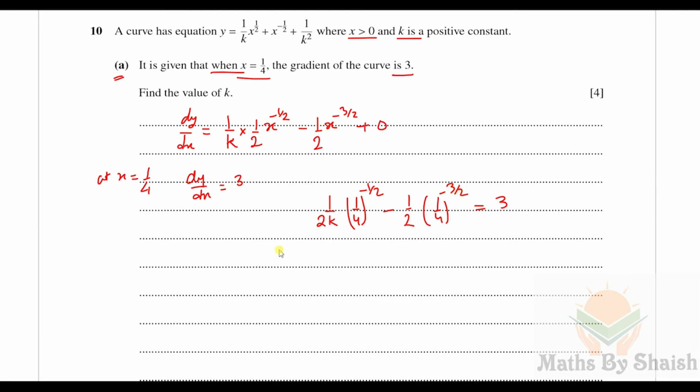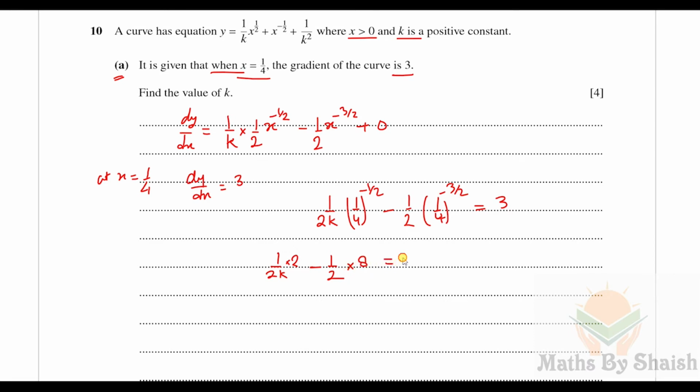Now we will solve it. 1 over 4 to the power minus 1 by 2 would be root of 4, that is 2, minus 1 by 2, and again 4 raised to the power 3 by 2 is 2 cube, which is 8, equal to 3.